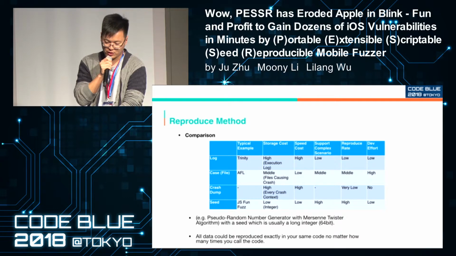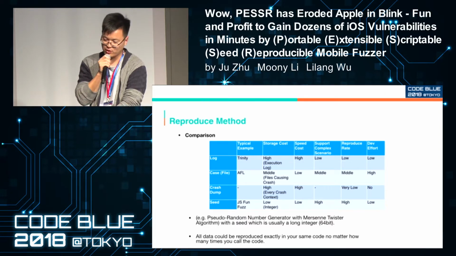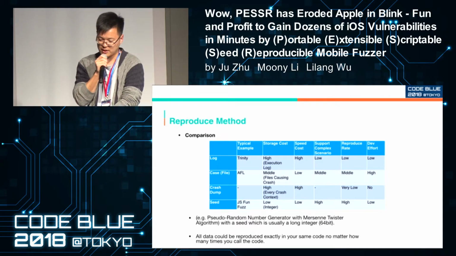Here we list four, including log, test case file, crash dump, and seed. As mentioned before, we use a seed based on a pseudo random number generator with the Mersenne Twister algorithm to fuzz the targets.